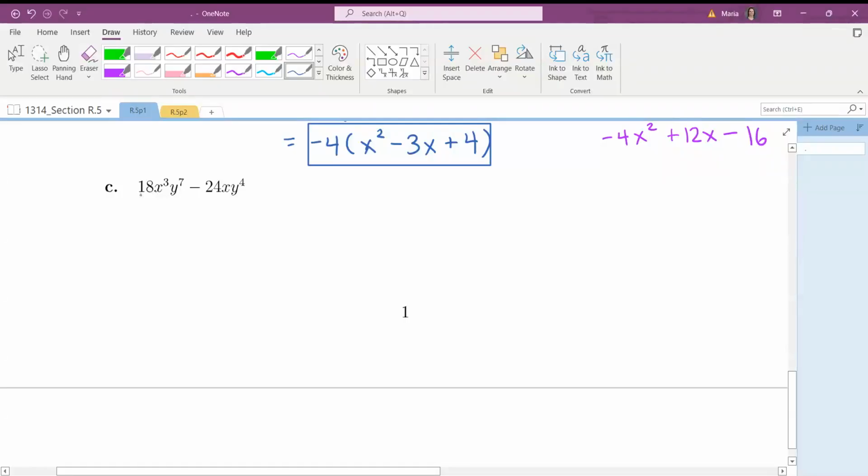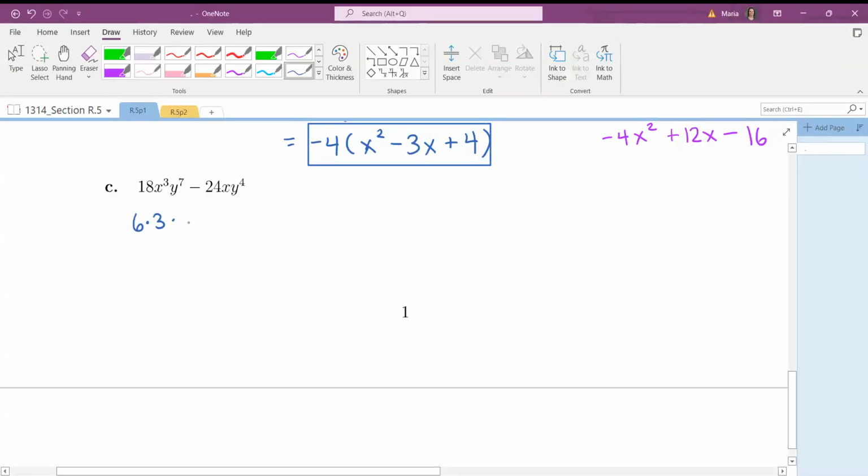So this first term, there's 2 terms here, 2 pieces separated by subtraction. The 18, I'm going to write as 6 times 3. Again, the reason I'm doing that is because when I think of all the ways you can write 18 and 24, the biggest number that divides into both of them is 6. So 6 times 3 is 18.